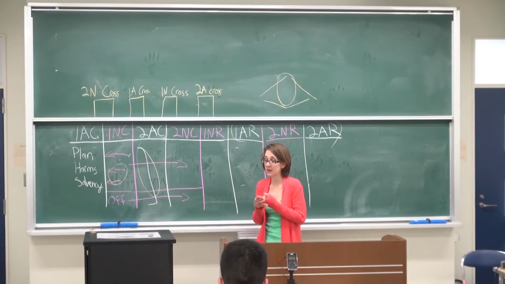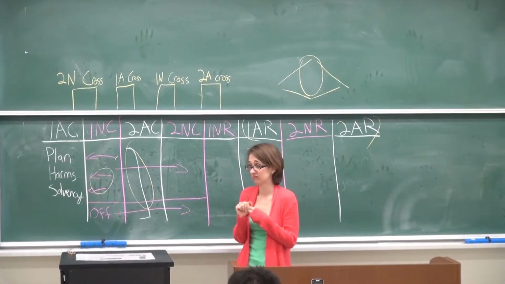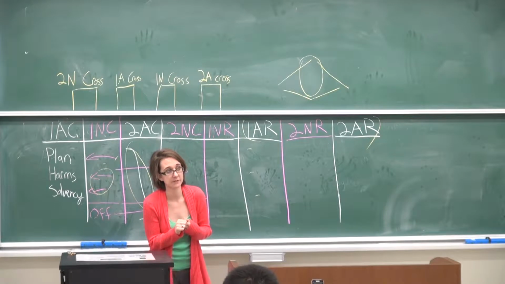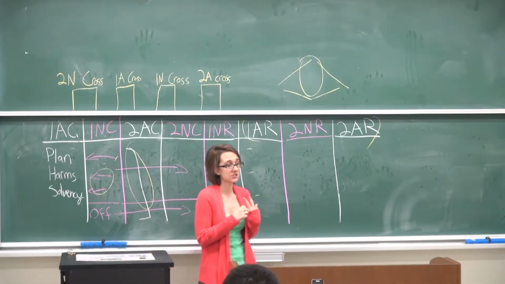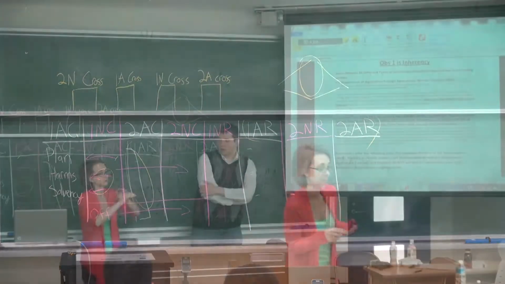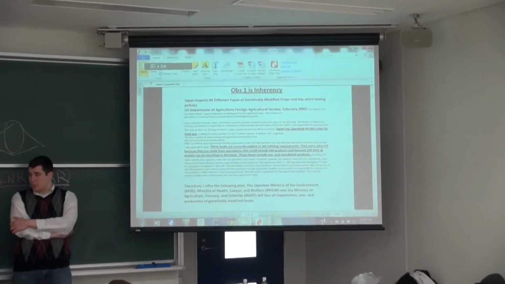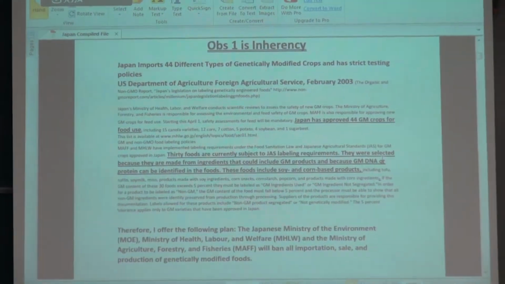Well, you need to read the page that says inherency and has a plan on it, okay? So that page you have to read as the affirmative, okay? Then if you turn the page, it'll say solvency. Everybody, if you are the 1AC, you have to read this page, okay?